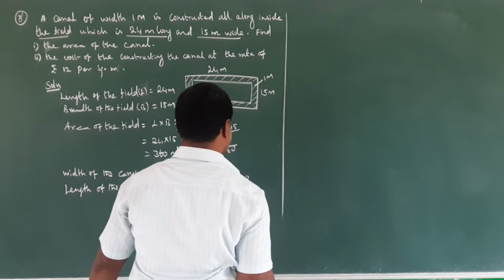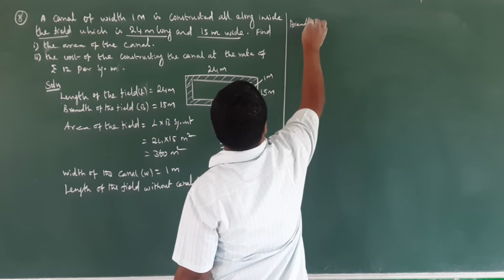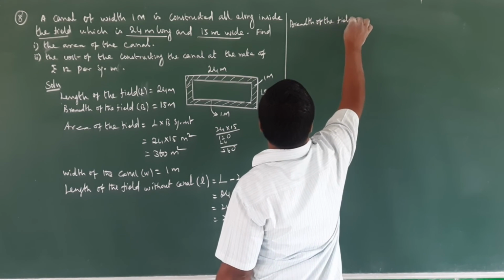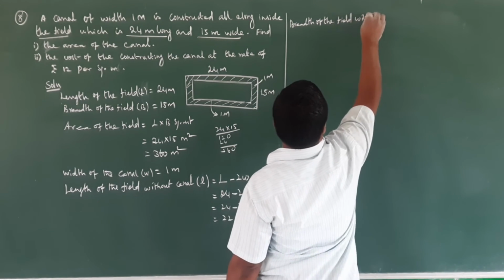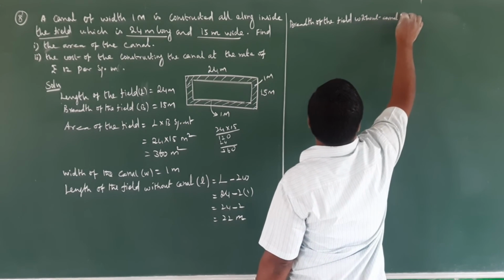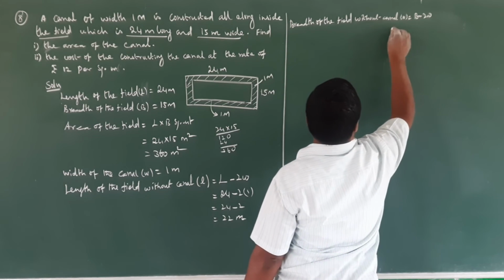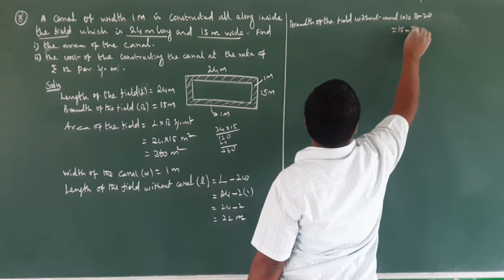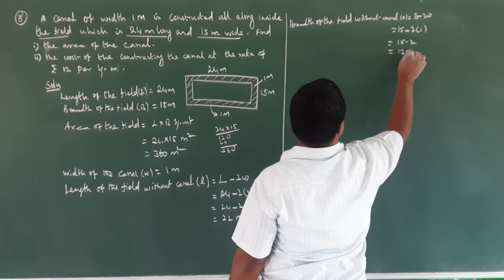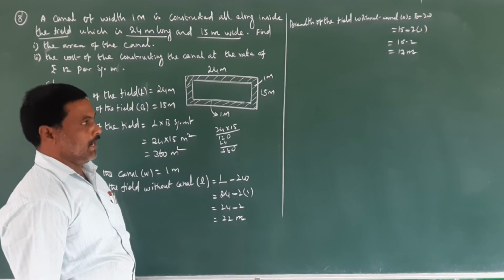Next, the breadth of the field without canal, small b, equal to capital B minus 2W. Capital B is 15 minus 2 into 1, 15 minus 2 is 13 meter. The breadth is 13 meter.